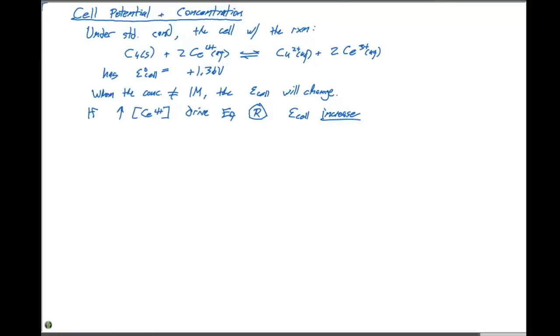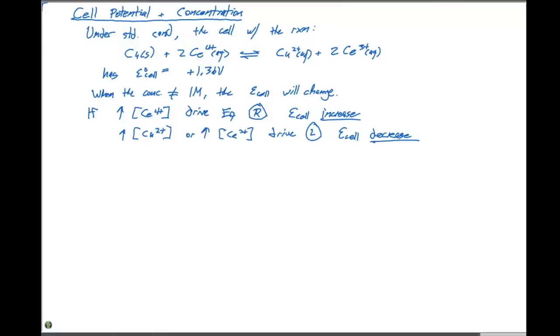We can also increase the concentration of the copper 2+, or we could increase the concentration of the cerium 3+. In this case, we're going to drive the equilibrium to the left, and our cell potential is going to decrease. And this is a direct application and a prediction of Le Chatelier's principle.